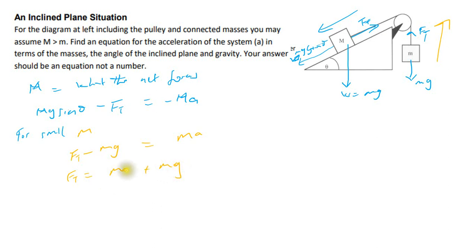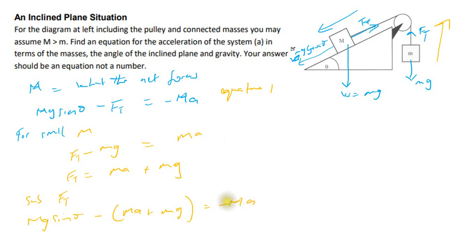By way of doing this, we can now substitute Ft into equation 1. If we're doing that substitution, this is what we have: mg sine theta minus bracket ma plus mg. My bad, sorry about that. And this is equal to minus Ma.